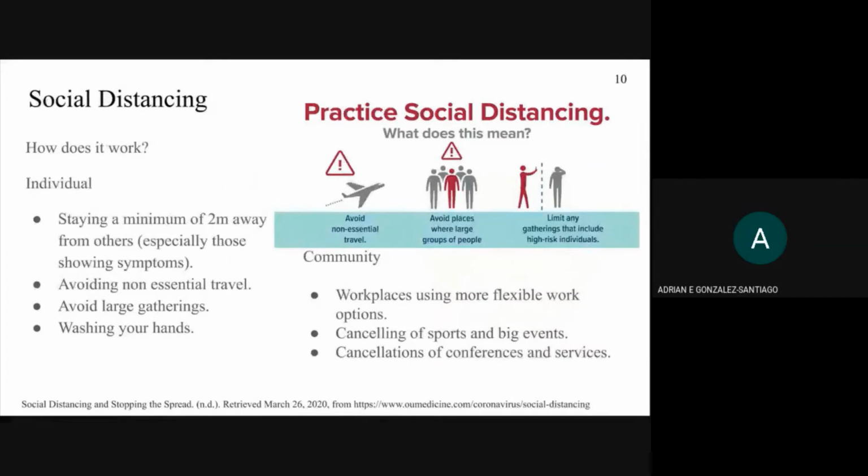So social distancing is a term coined by the CDC for the different measures that can be taken by individual citizens, communities, and companies. For citizens individually, the CDC recommends staying a minimum of 2 meters away from others, especially those showing symptoms.